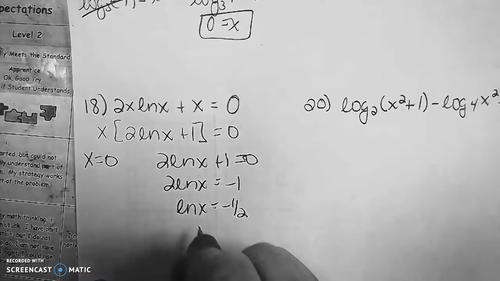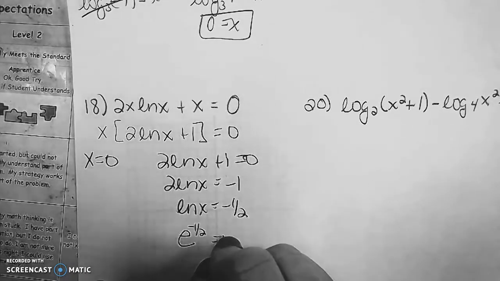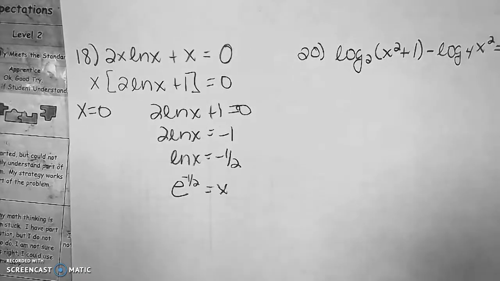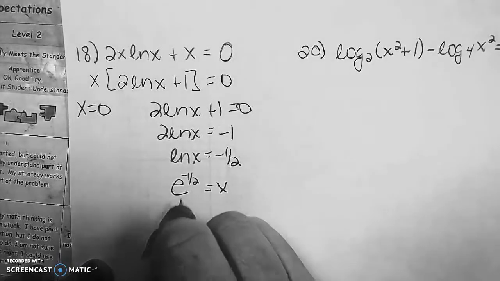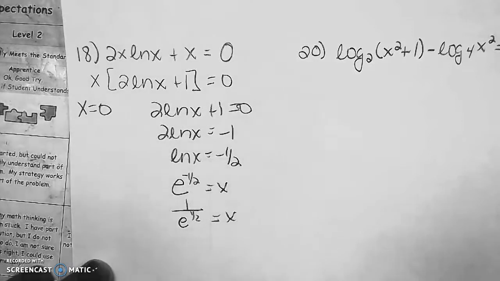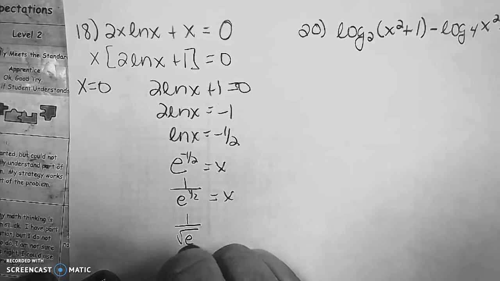So let's change that to an exponential. The base of ln is e, so it'd be e to the negative 1/2 would equal x. And depending on how you write your answer, that would be okay. You could write that as 1 over e to the 1/2. You could write that as 1 over the square root of e.